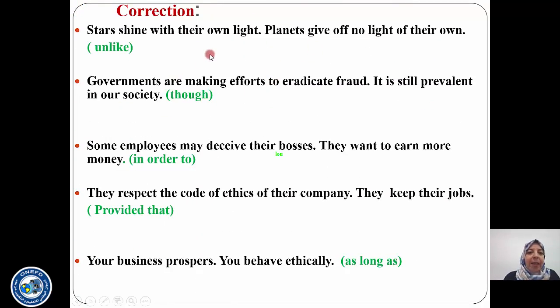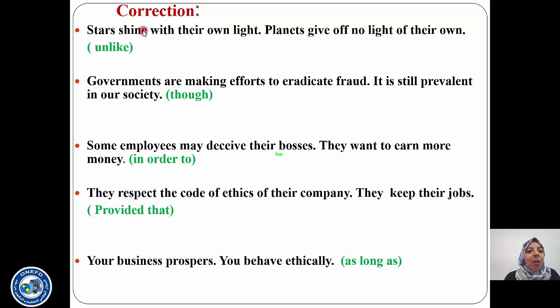So, in sentence 1, stars shine with their own light. Planets give off no light of their own. So, it's clear that there is a contrast here between the 2 sentences. We are trying to express it with the connector "and like". We have already said that "and like" should not be used before a verbal phrase.